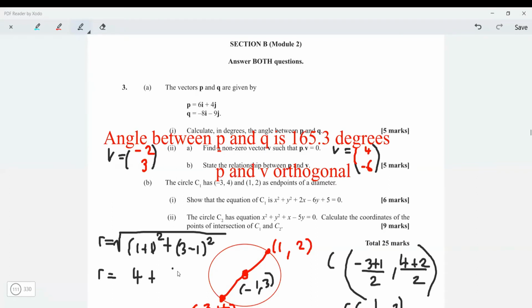So that's 4 plus 4 square rooted, and the radius is the square root of 8.